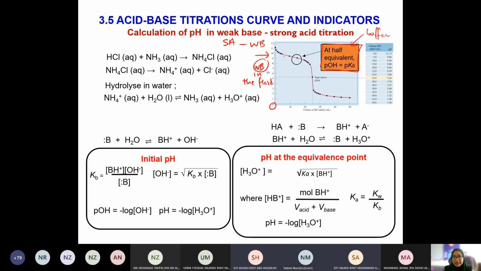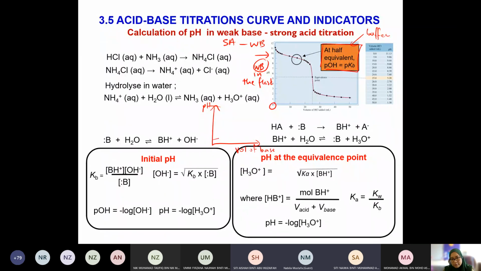Katakanlah, contoh kalau the other way around, we have strong acid in the beaker and weak base in the burette. So how would the titration curve look like? pH. This is volume of base lah. Okay, is it? Yeah, volume of base. Kita nak terbalik from this one. Okay, so you should be starting from the bottom, guys.